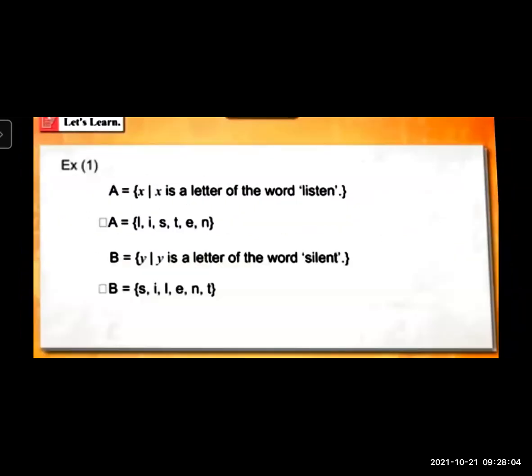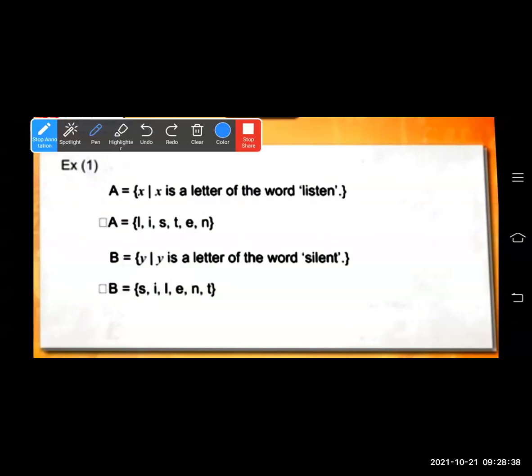Example 1: A is equal to the set of all x such that x is a letter of the word LISTEN. This is the word. You have to list out all its letters. Therefore, A is equal to {L, I, S, T, E, N}. The second example is set B. B is equal to the set of all y such that y is a letter of the word SILENT. Here, LISTEN and SILENT are two words.